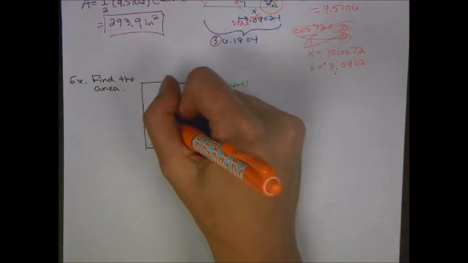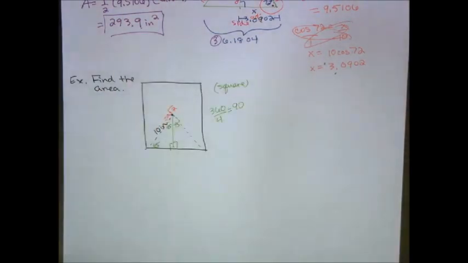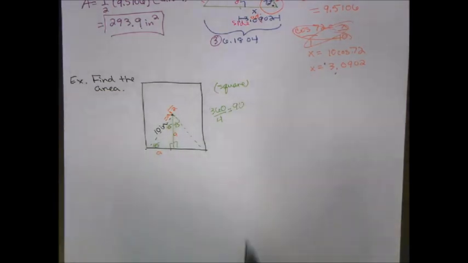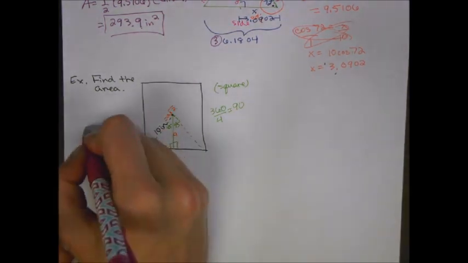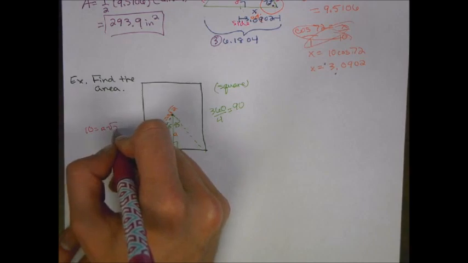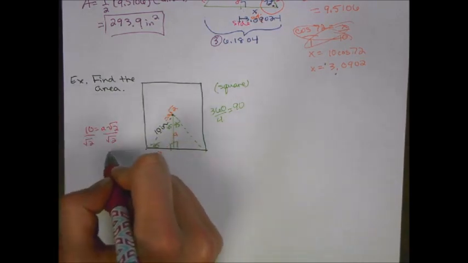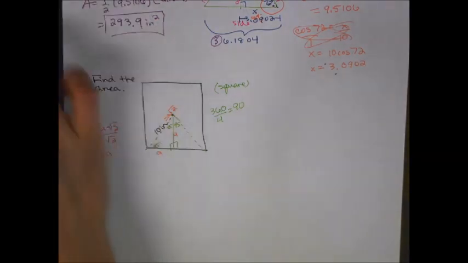Let's label it. 10 is my hypotenuse, so that's A root 2. A and A. So 10 equals A root 2. Divide by root 2. A equals, we're going to multiply by root 2 over 2.